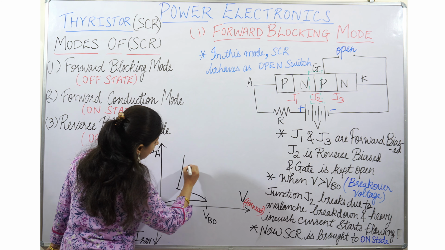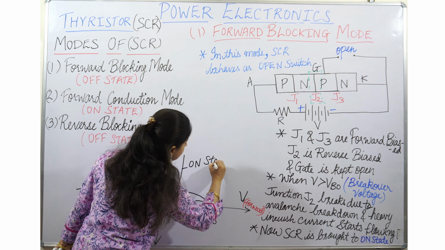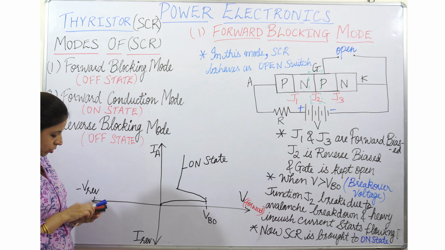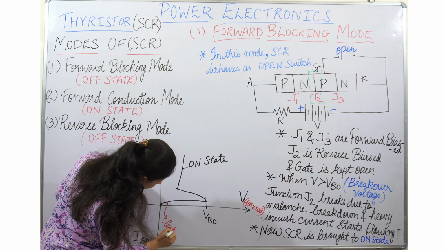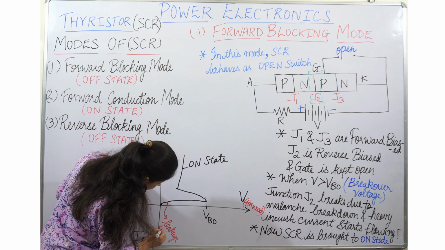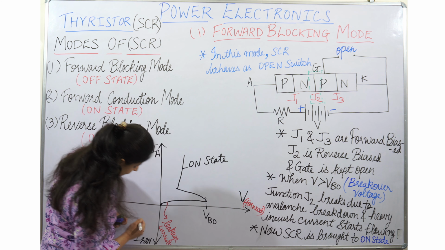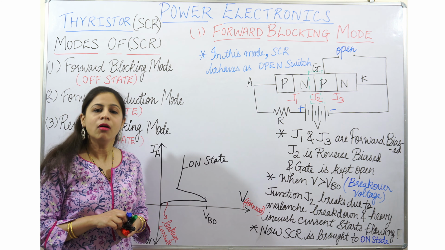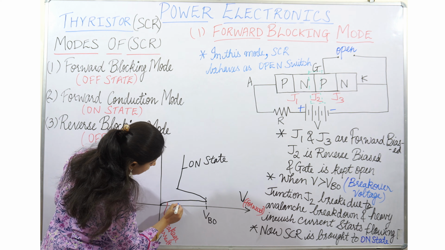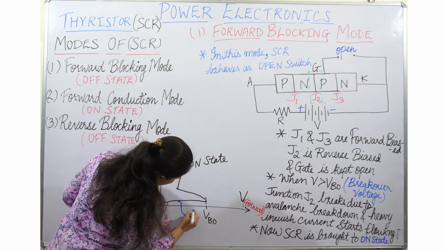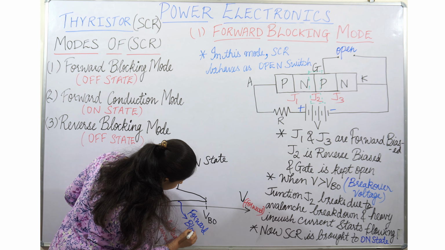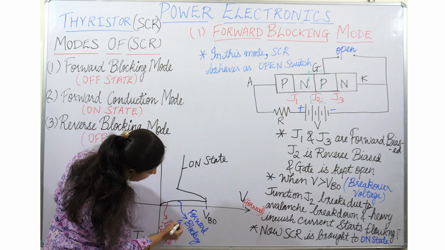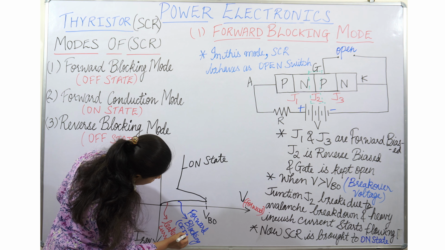This is the leakage current, and this region is depicting the forward blocking mode, when my thyristor or SCR was in the off state.